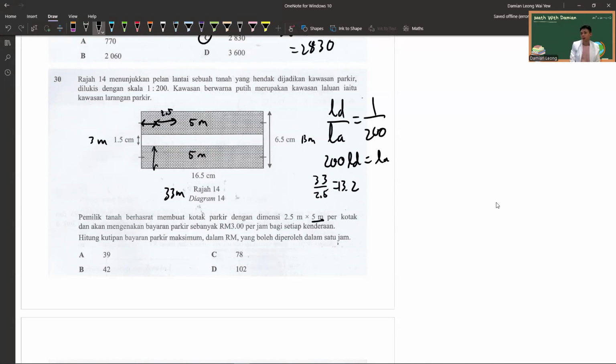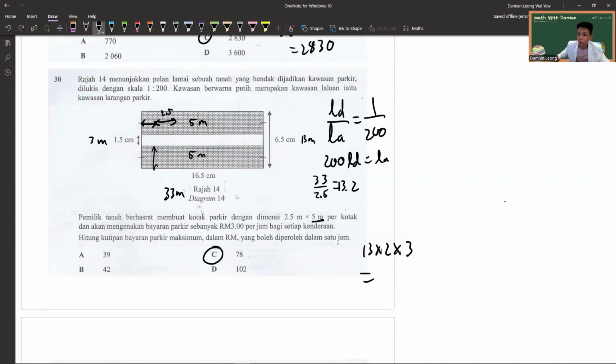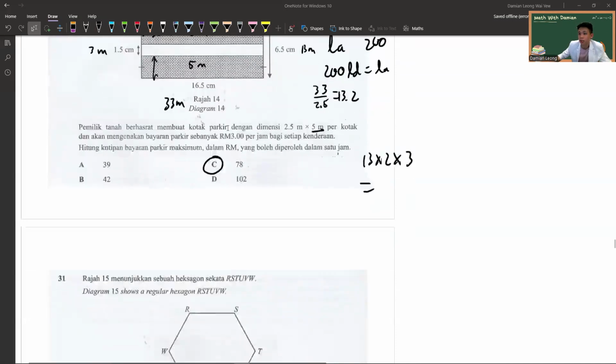So it's 13 parking box per side. So there's 2 sides. 13 times 2, then times 3 ringgit per hour. So 13 times 2 times 3, we get 78. So maximum would be 78 ringgit if it's a fully filled parking. That's question 30. Yeah.